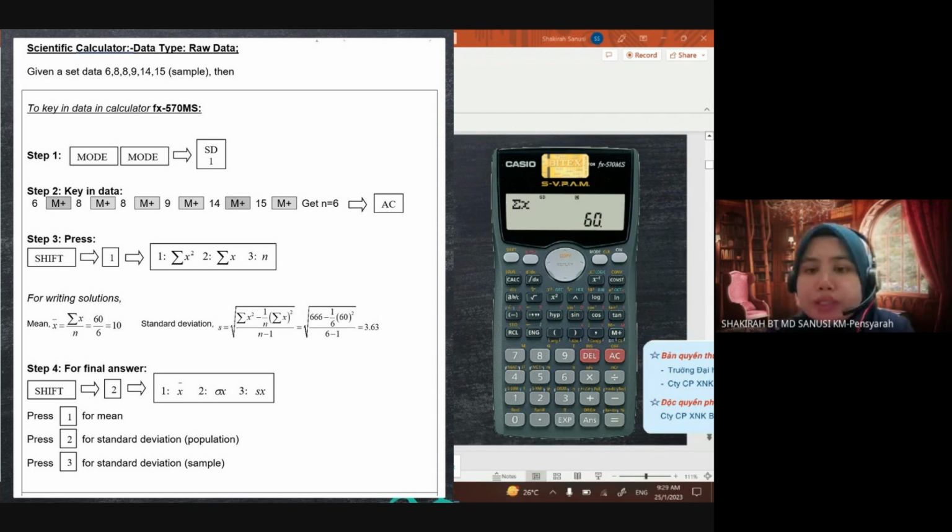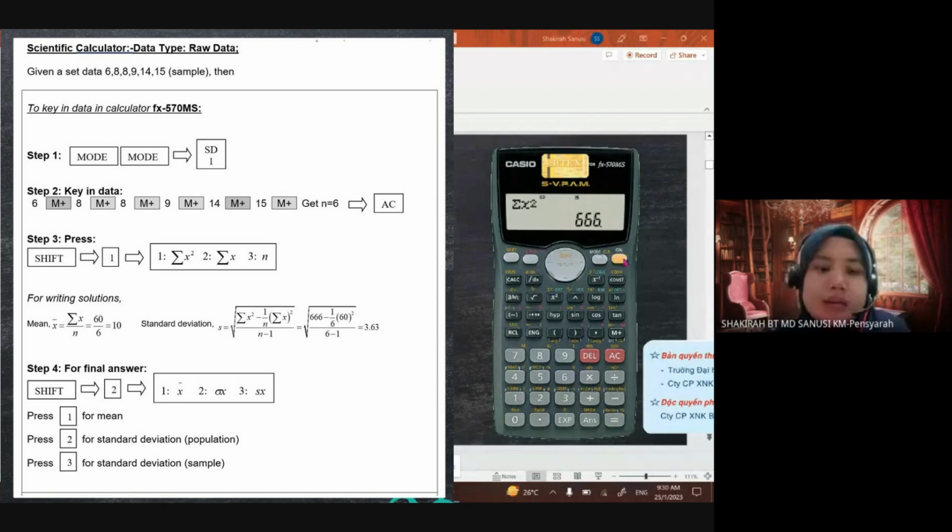When you need to find your mean, please write down the value 60 over your n, which is shift 1, 3, so you get 6, so 60 over 6. Also for standard deviation you will need summation x square, which is number 1. You need to rewrite the values, and you can also check your final answer that you calculated manually against your calculator.